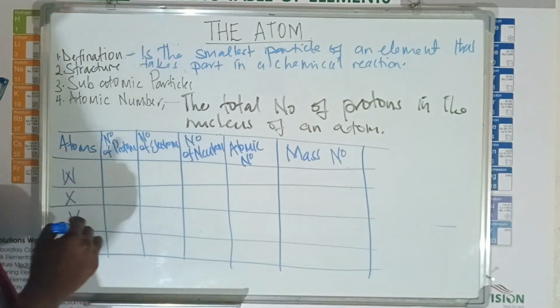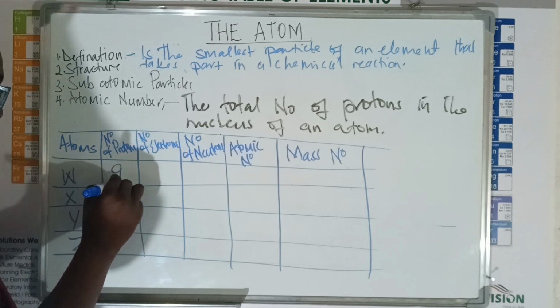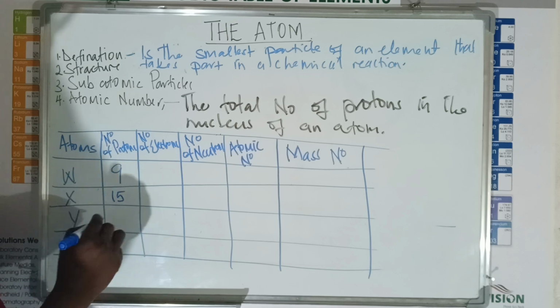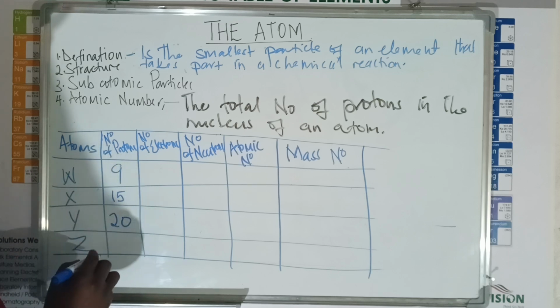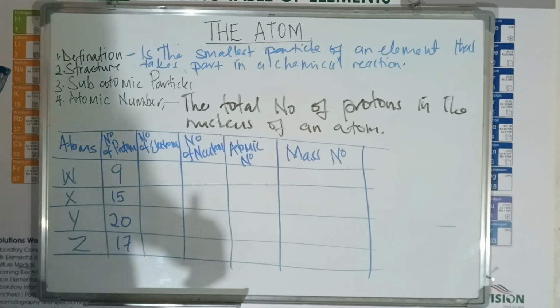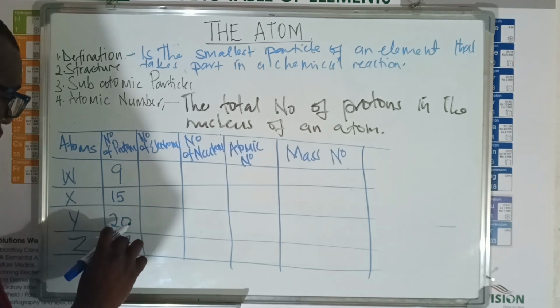Now suppose these elements, this one has maybe atomic number 9, this one has atomic number 15, this one has atomic number 20, this one has atomic number, let's say 17. Or maybe you can put it as a smaller number, maybe 7.